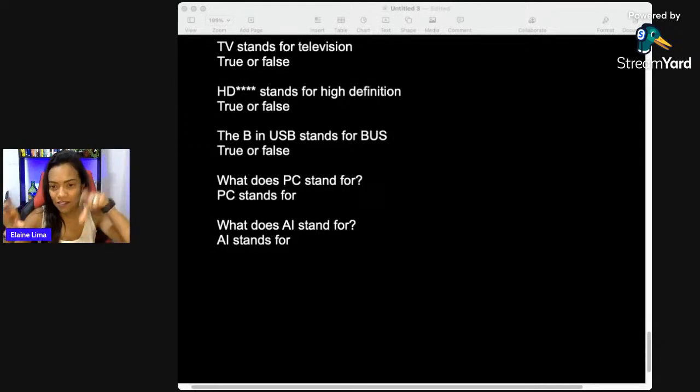Yeah, artificial intelligence. In Portuguese, you say inteligência artificial, and in English, artificial intelligence. We start with A. That's it. Fantastic, beautiful.